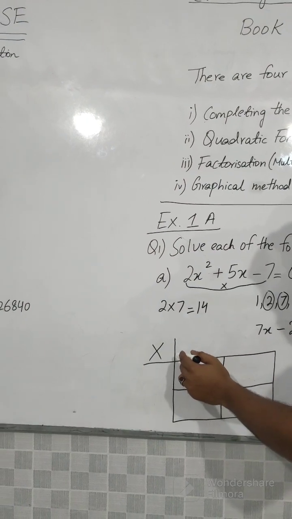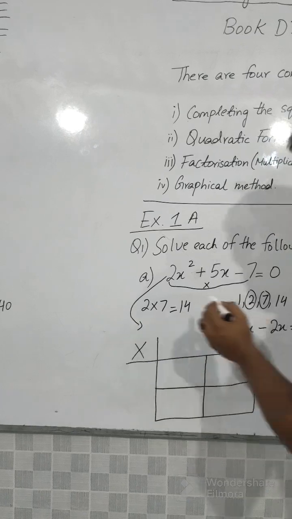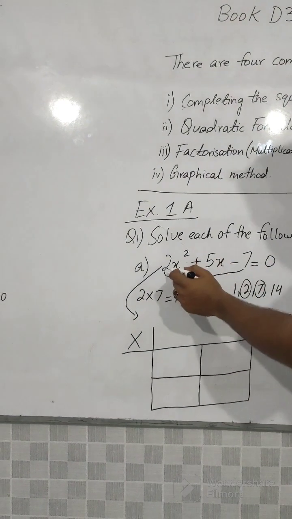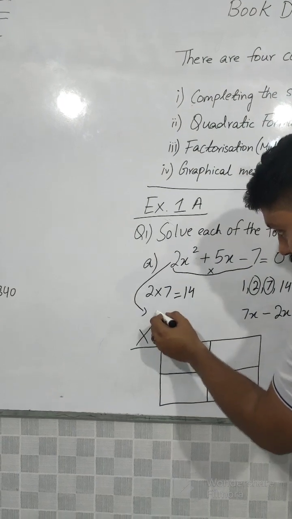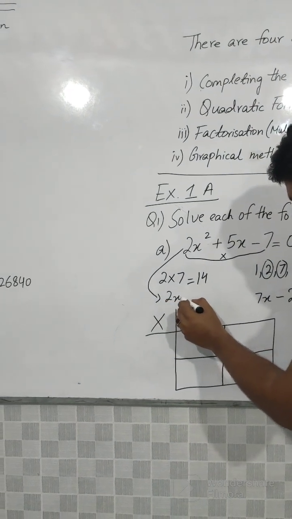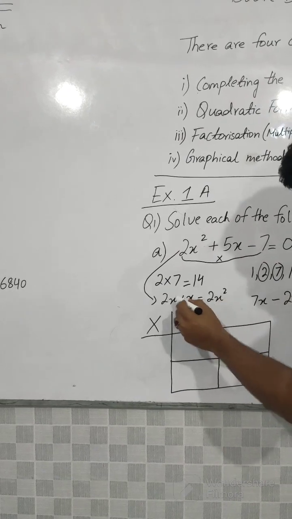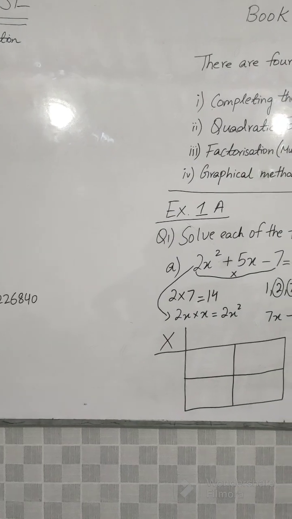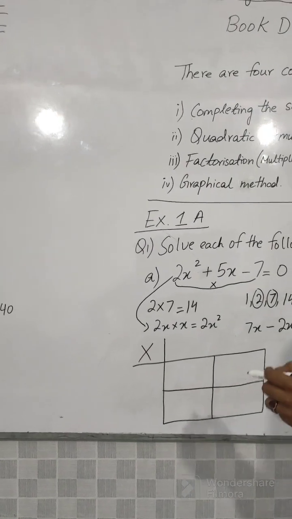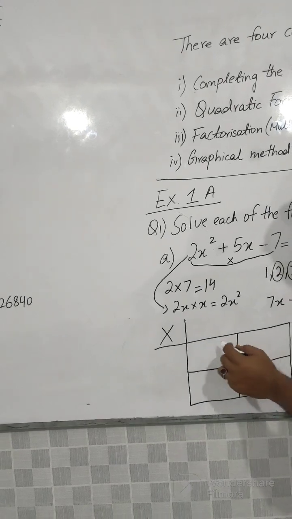Before doing that, you need to find the combination of the first term. The combination of this first term will be either 2x times x, or x multiplied by 2x. It will give you 2x square. It will be the same.